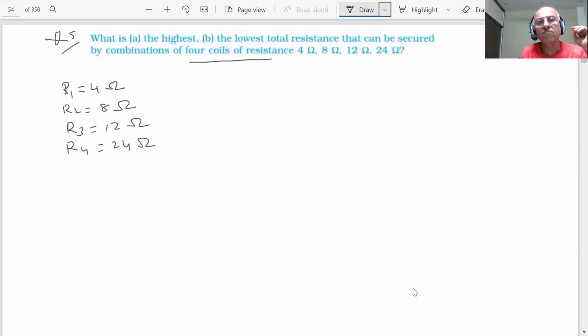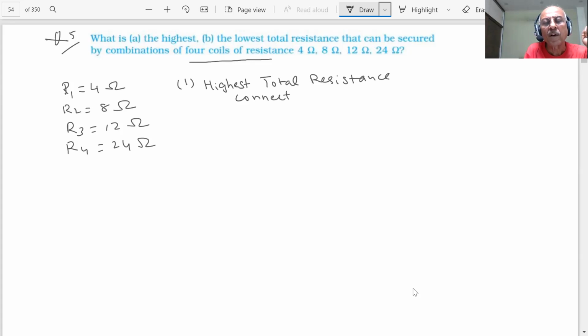If you want the highest, tell me how you can get the highest. Sir, by connecting them in series. Okay, highest total resistance will be obtained when we connect R1, R2, R3, R4 in series.